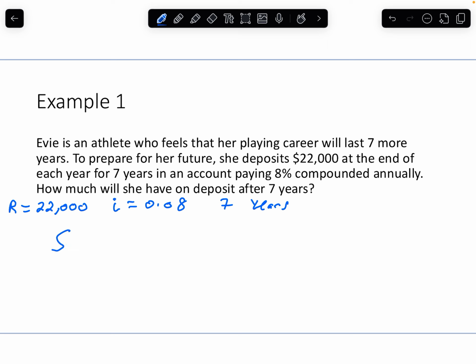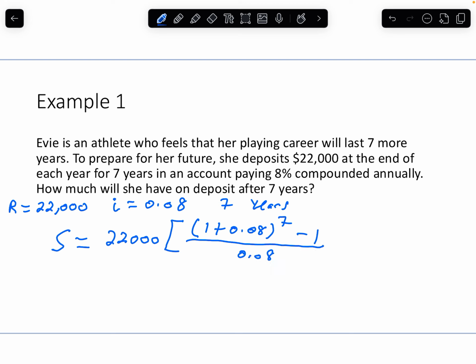So to find this value, S, it's going to be 22,000 times 1 plus 0.08 raised to the 7th power, minus 1, all divided by 0.08. So tossing that into a calculator should make $196,301.67.